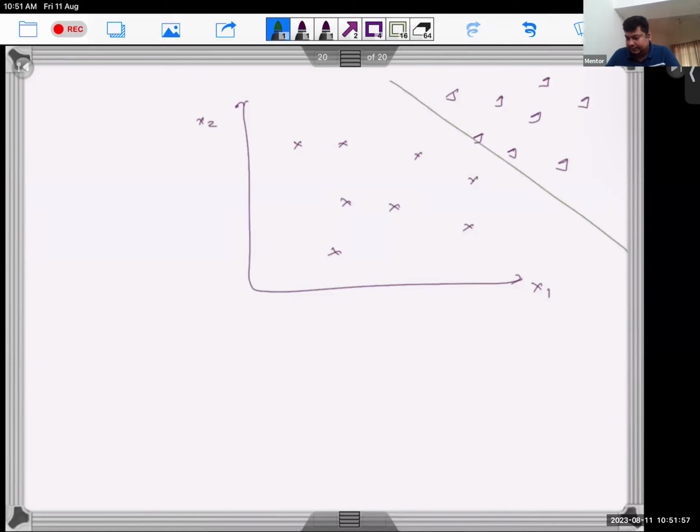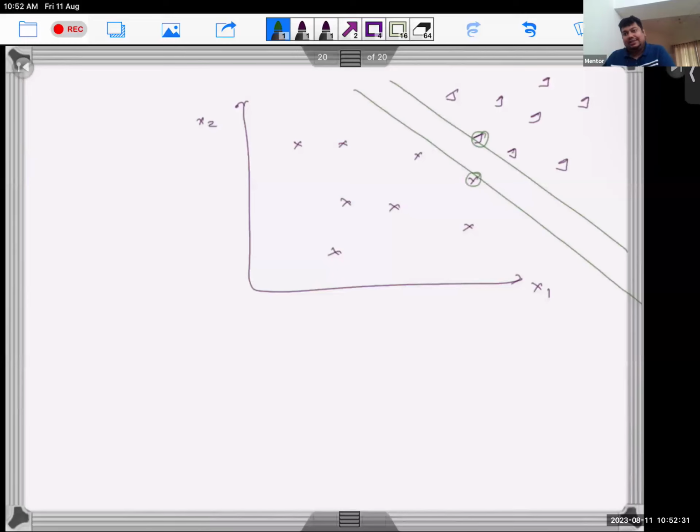Imagine you have 2 parallel lines, and you're trying to expand these lines. As soon as these lines hit these triangles, you stop. As soon as you hit these x's, you stop. So you're just trying to expand it, and then you will move around this cylinder according to the best fit. You are allowed to move this cylinder. This is just a visual representation of it.